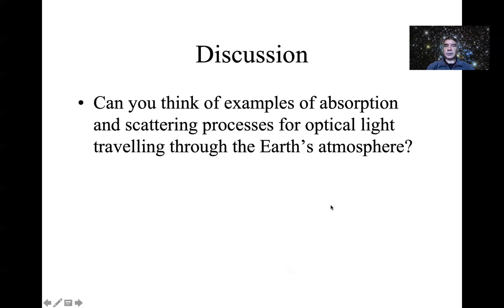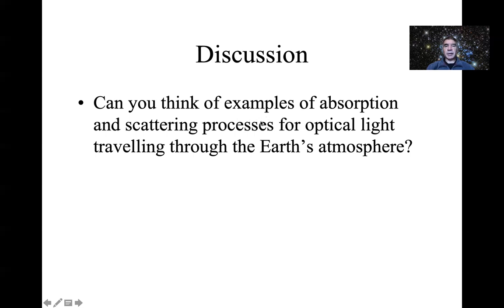So that's got us starting to think about how photons interact with matter. We'll take a little break here before we get into the mathematics of the transfer equation, so let's take a 5-minute break.